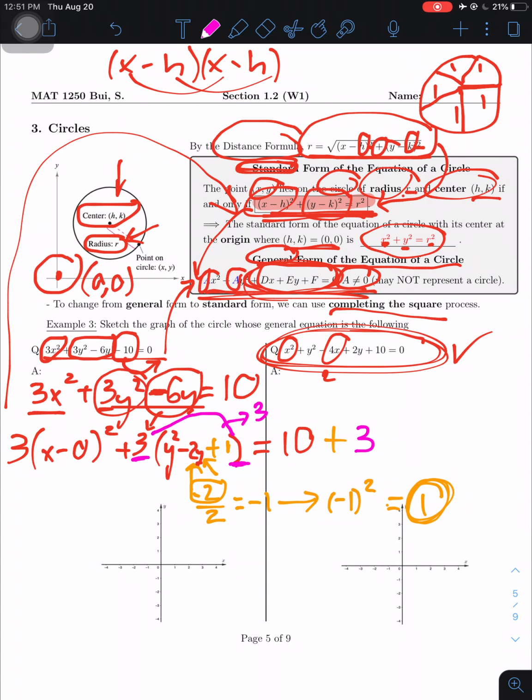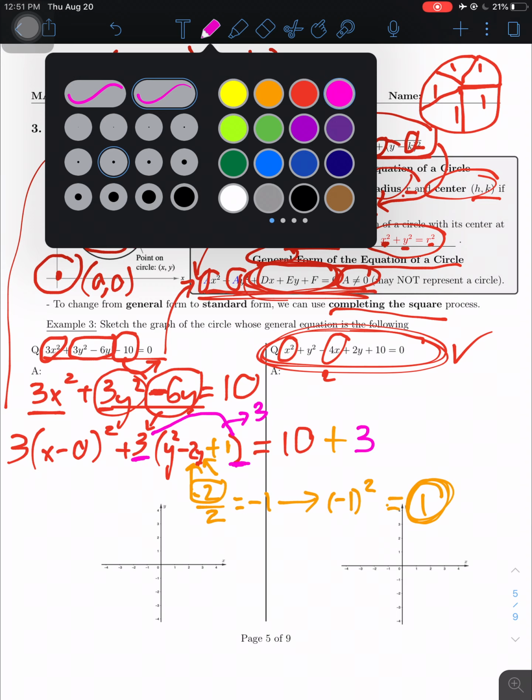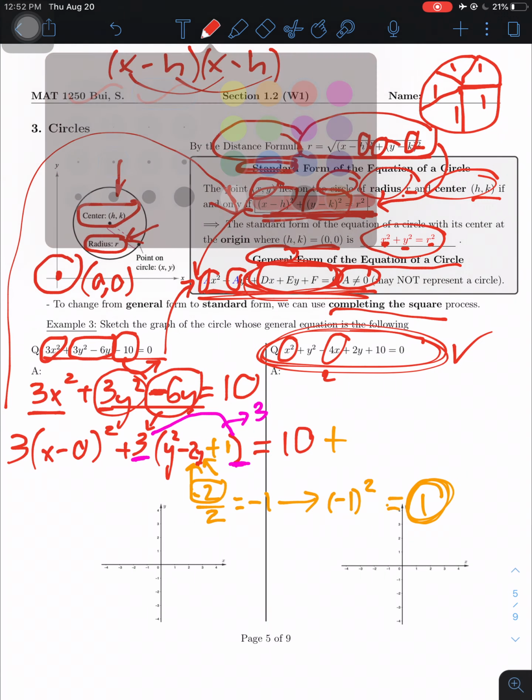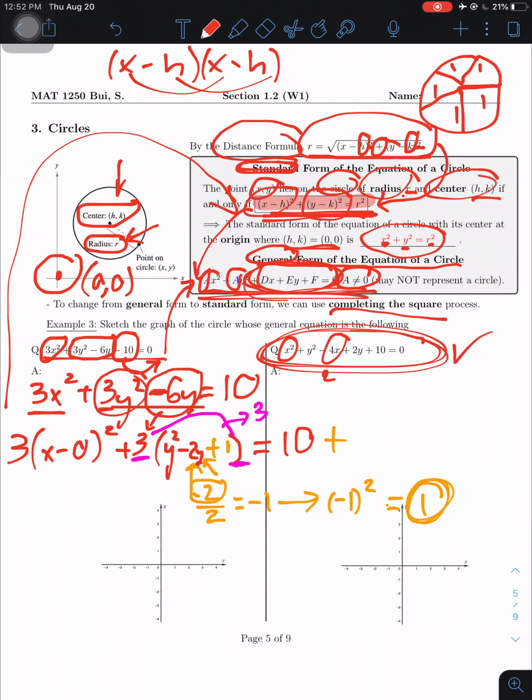Or if you want to make it more clear, here, let me change the color again. Okay, let me erase this one. Let me do 3, and then times 1.